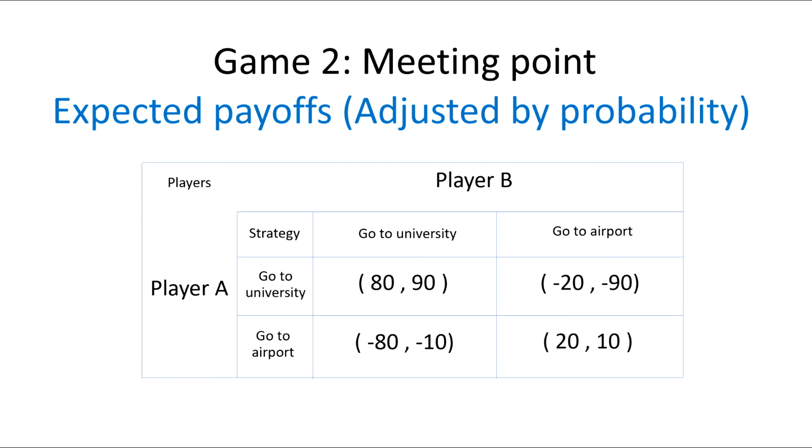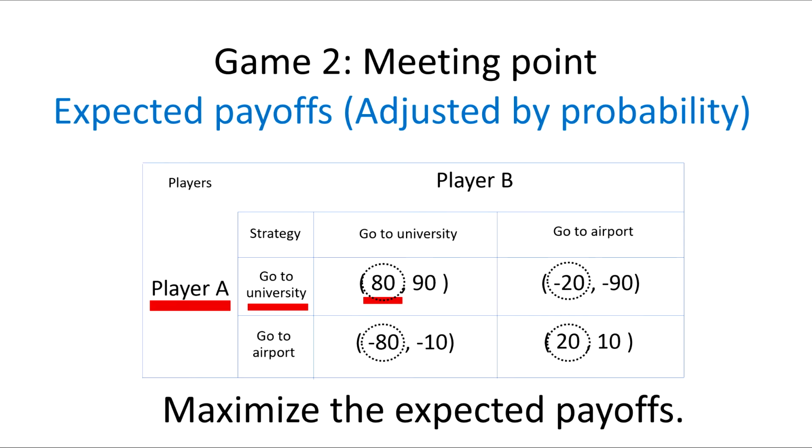We come to write the expected payoffs into the matrix instead of the full payoffs. You see that now it is not 100 and minus 100, but the expected payoffs that we have calculated in the previous screen. You see that we have to compare. Now look at player A. Player A compares the payoffs.